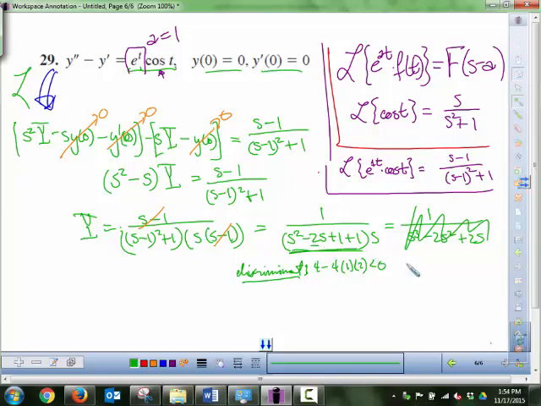So this over here, s squared minus 2s plus 2, this factor in parentheses is what we would call an irreducible quadratic.